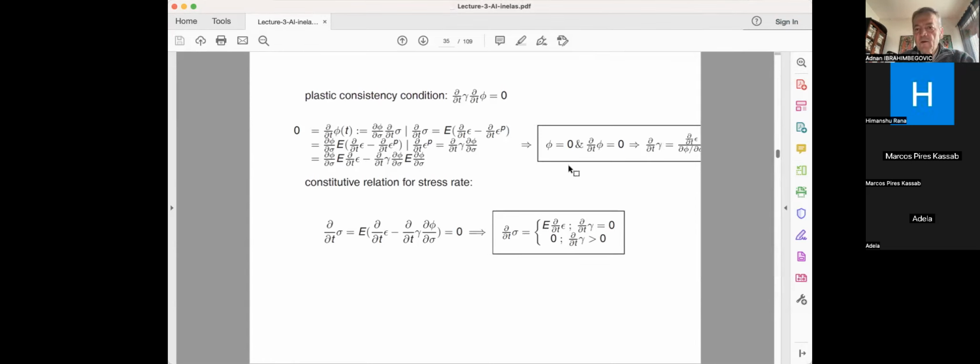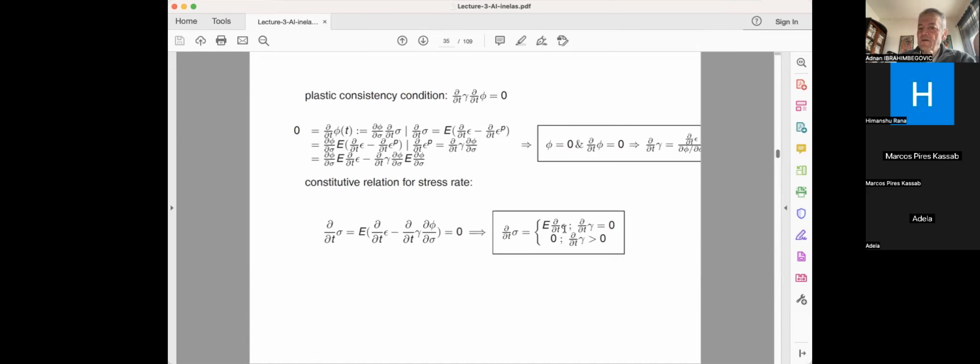So you take this value for gamma dot, you know what the evolution is, you put it back into your stress rate equation, and you obtain that sigma dot is equal to E times epsilon dot minus gamma dot d phi d sigma, which could be worked out explicitly.